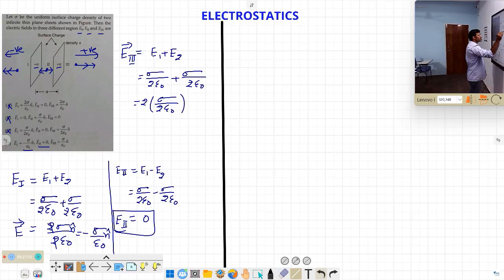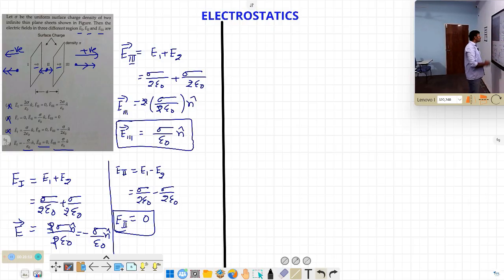In terms of electric field as a vector quantity, I can write the third region with n cap. So the 2 gets cancelled, and the electric field in the third region is sigma by epsilon naught n cap. So the third option is also correct. So D is the correct answer for this question.